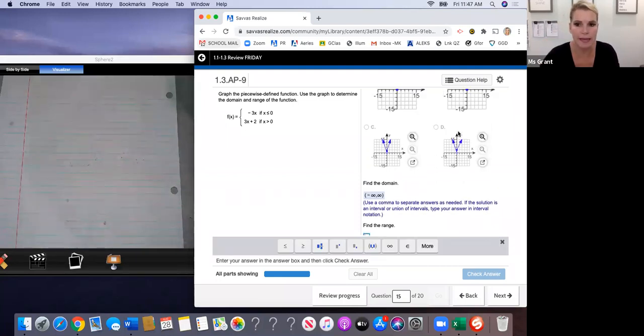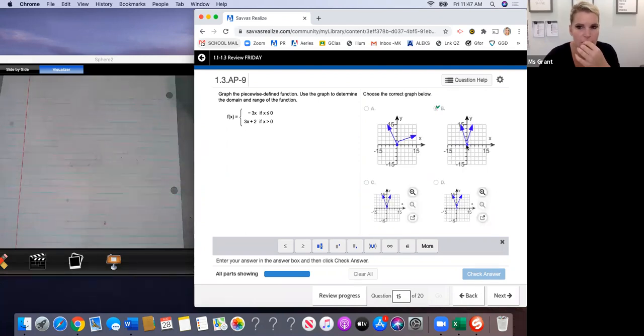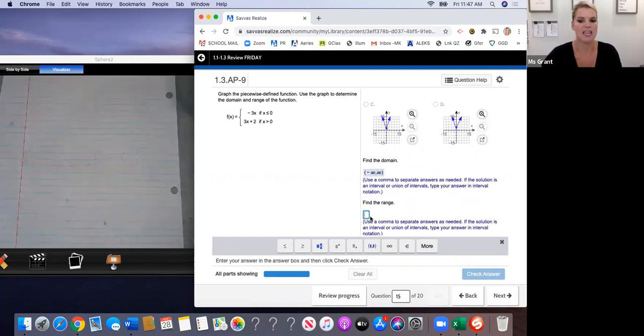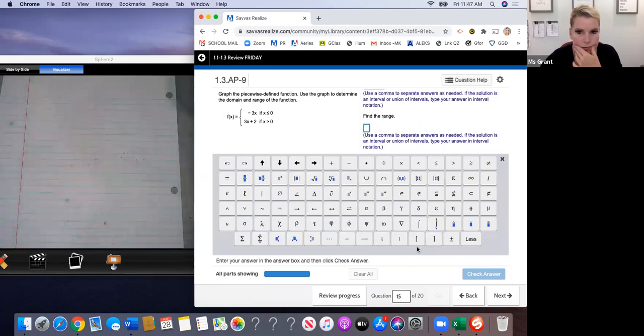For B, so go to B. It's a closed circle at 0, and then it goes upward. This open circle doesn't interrupt because my upward line is still looking good. My left side is unbroken. Bracket 0 to infinity. I don't know if it likes brackets, you guys.